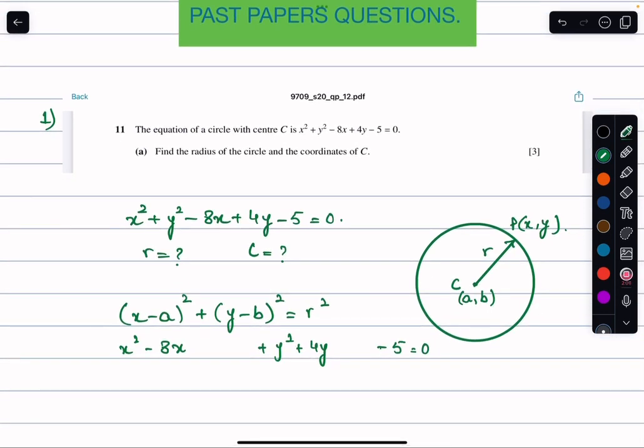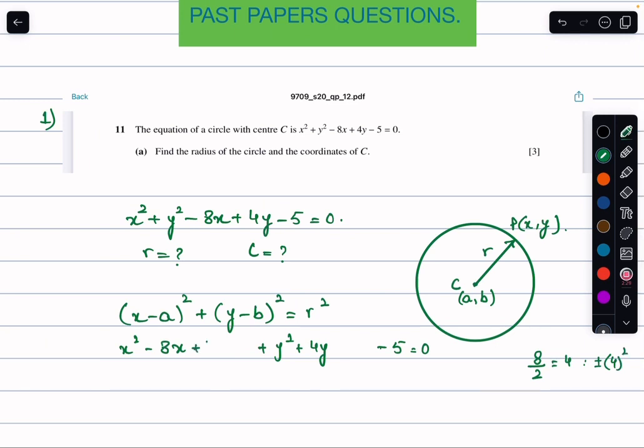So to do that, I will be completing the square, and for that I have to divide the coefficient of x, which is 8, by 2. This would give me a 4. Therefore, the next step is to add and subtract 4 the whole squared to the equation.